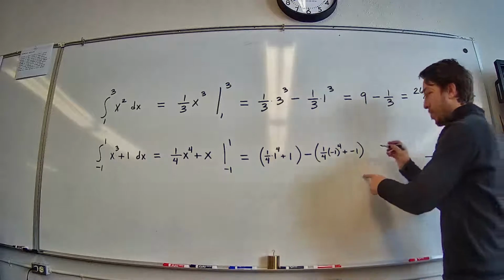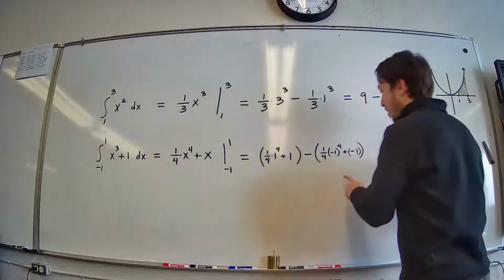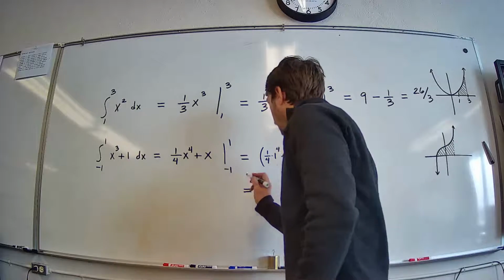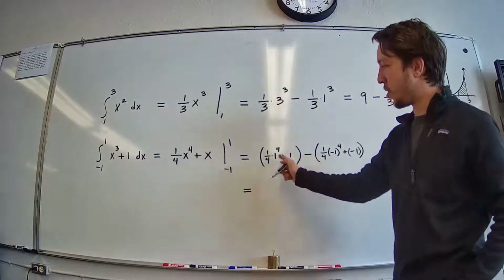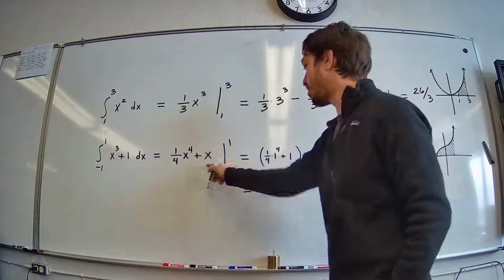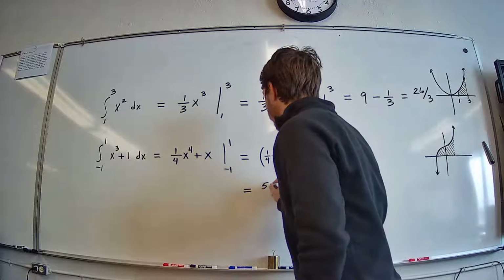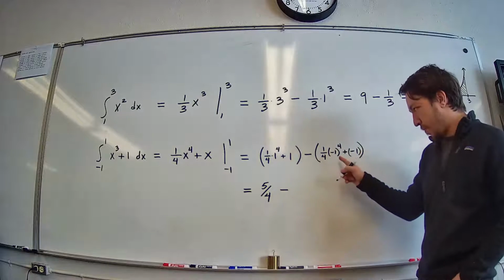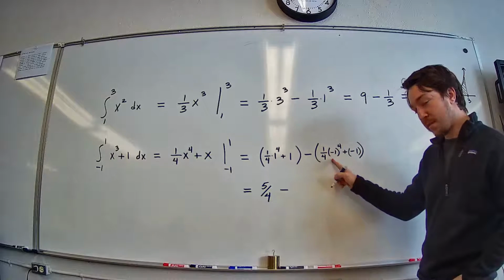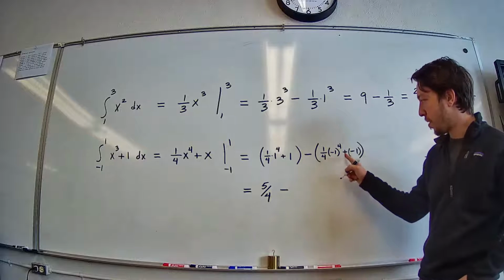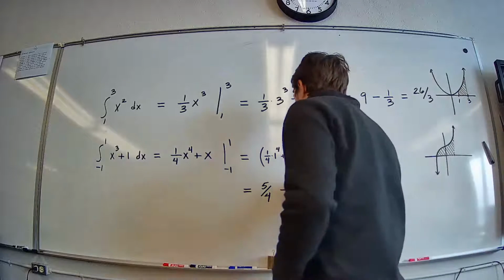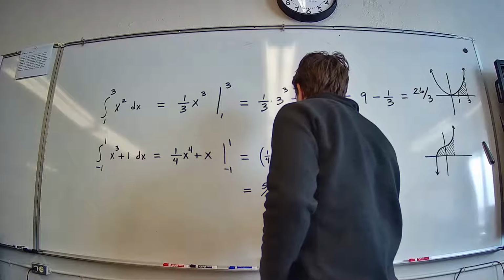Everyone okay with that? Now here's the interesting part. Plugging in 1 to this function gives me 5/4, and plugging in -1, let's see, we get +1/4 plus -1, so that's -3/4.